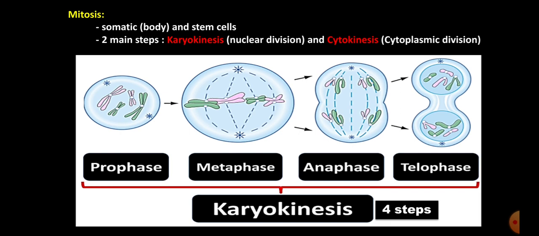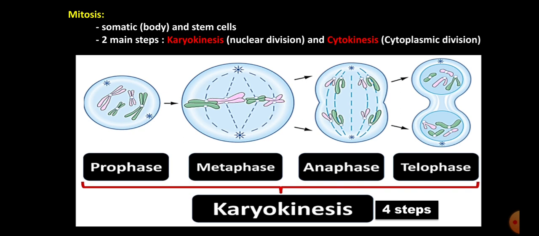Now as you can see, in prophase the thin chromatin threads start condensing, and due to the condensation they become short and thick and they start appearing like two chromosomes together. As you can see, they are K-shaped or X-shaped, right?